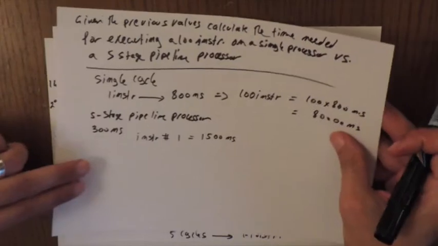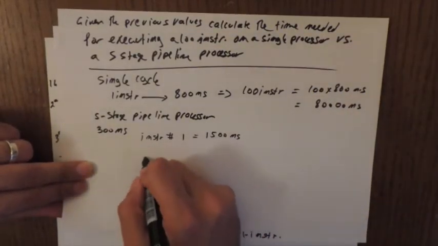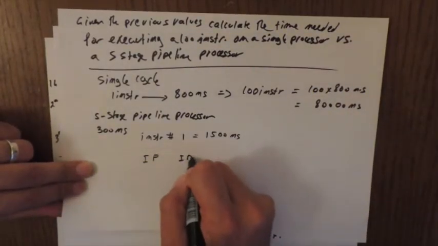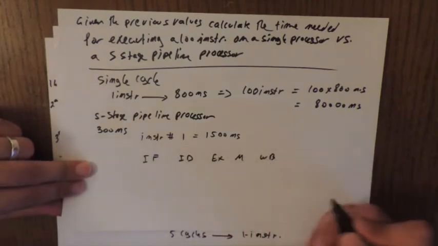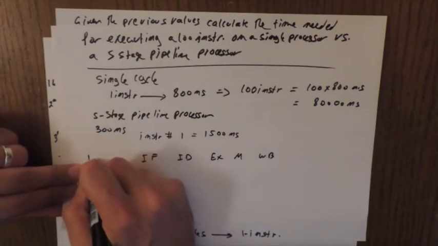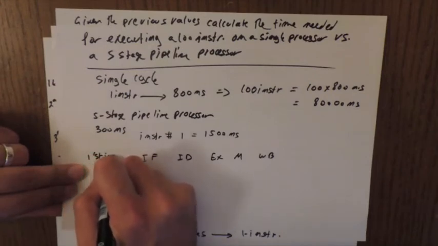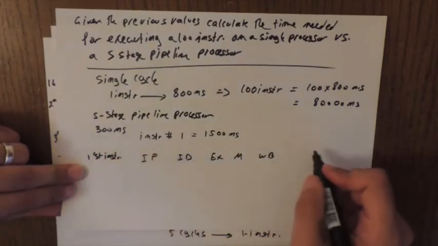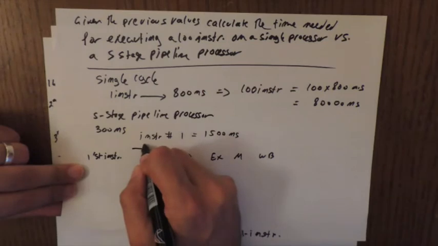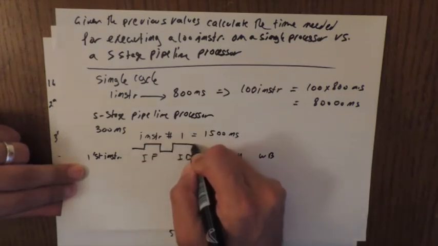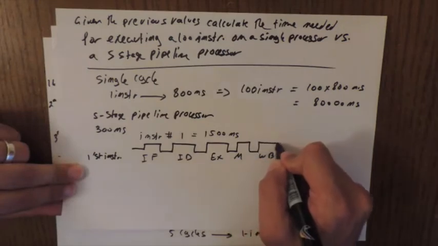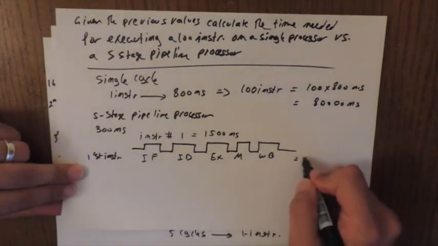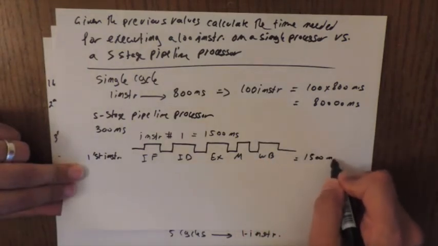So if I do a time scale, I have IF, ID, EX, memory, and write back. So now this is the first instruction, and this is the clock. It should be all equal. So this takes 1,500 nanoseconds.